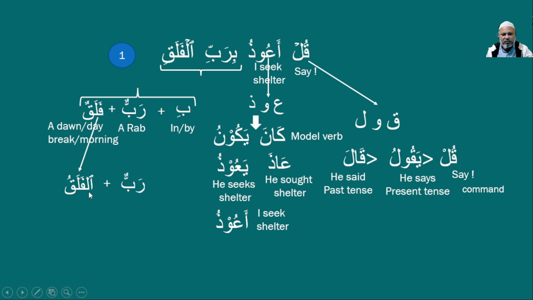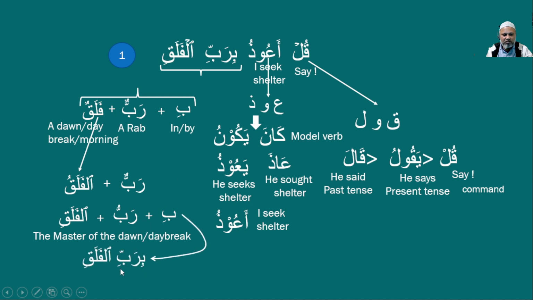If we add rabbun before this word, rabbu plus al falaku, following the idafa rule, you get the master of the dawn, the master of the daybreak. This is an idafa sentence. According to the rules, rabbun will be rabbu, and al falaku will be al falaki. Rabbul Falaki. Now put bi before this phrase and we get bi Rabbil Falaki, meaning in the master of the daybreak.